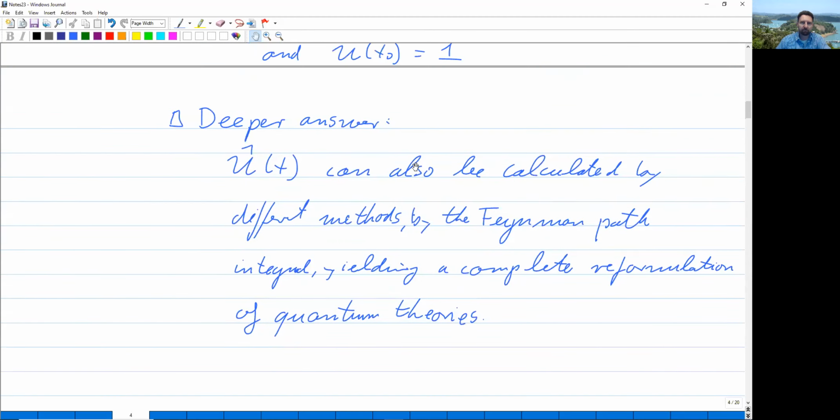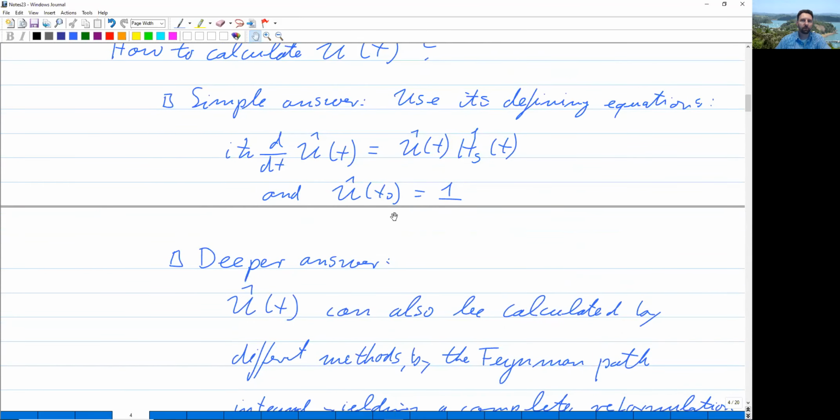So let us just follow up on what we know so far and ask, first of all, why would we want to do this? Why would we want to calculate the time evolution operator? Isn't it enough to have the Schrodinger picture, for example, or any one of the other pictures? After all, solving for the time evolution operator is not going to be so easy.